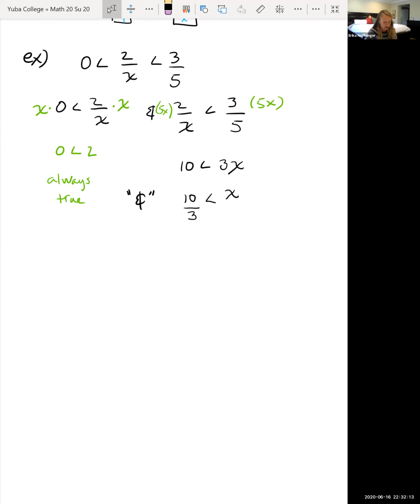The other problem I would have had in this inequality is if my variable was 0, because I can't have 0 in the denominator. But again, looking at this, it says that 2 over x has to be strictly greater than 0, so there's no number that I can plug in for x that would make that 0 or a false statement. Again, we need to take what they share in common.